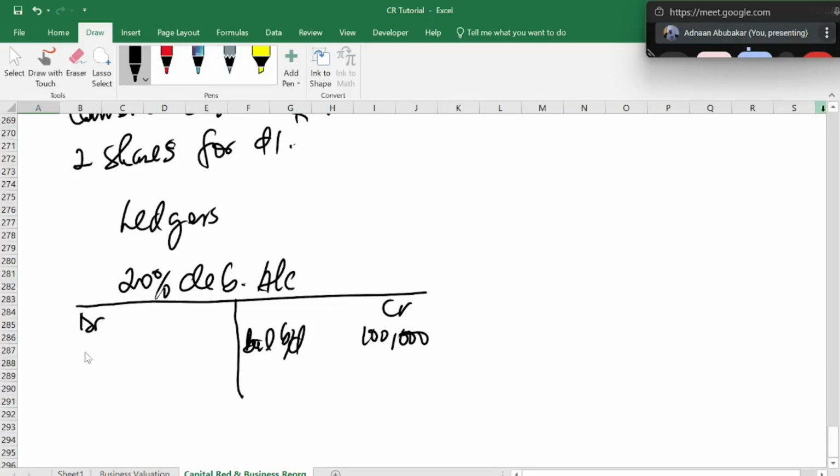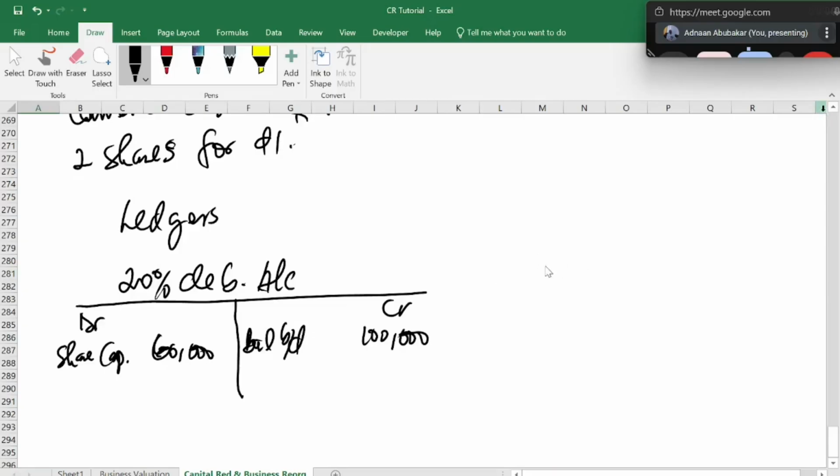So when they forfeit the 60,000 to become shareholders, where is that money going? So they become share capital. The debit side will be share capital of 60,000. You understand?